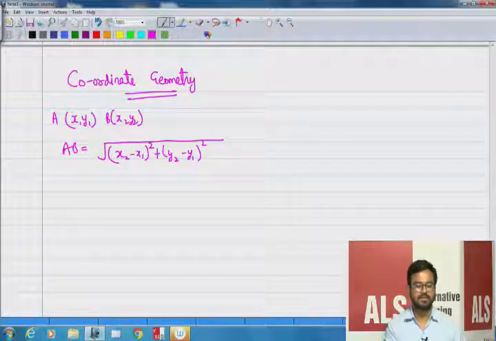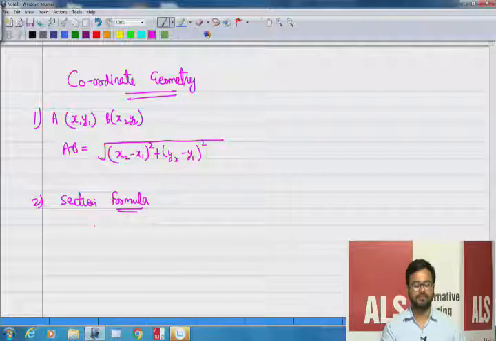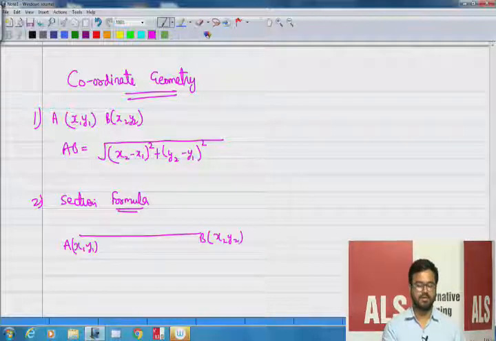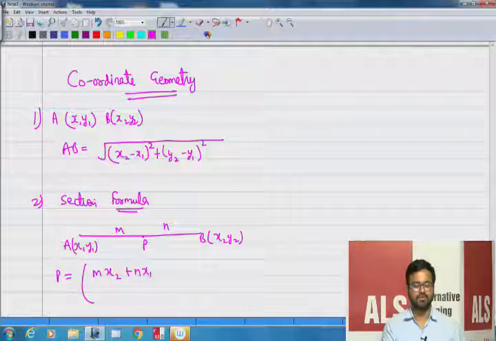Second one was the section formula. If there are 2 points A and B, and there is another point P, and this point P is dividing AP and PB in ratio of m:n, then the coordinates of P is given by mx2 plus nx1 over m plus n, my2 plus ny1 over m plus n.